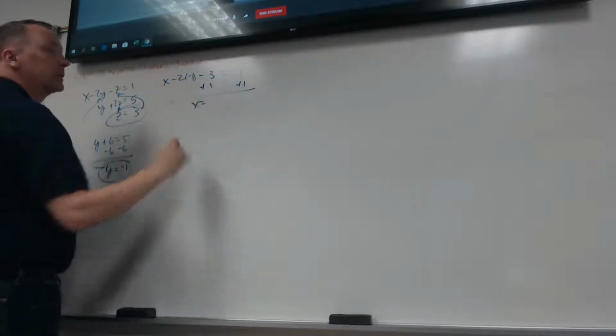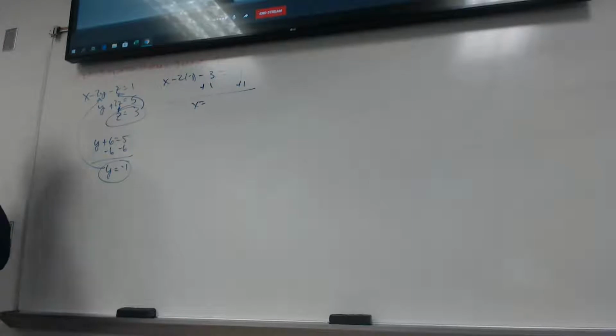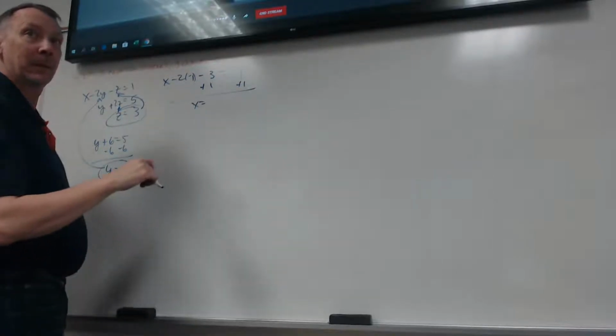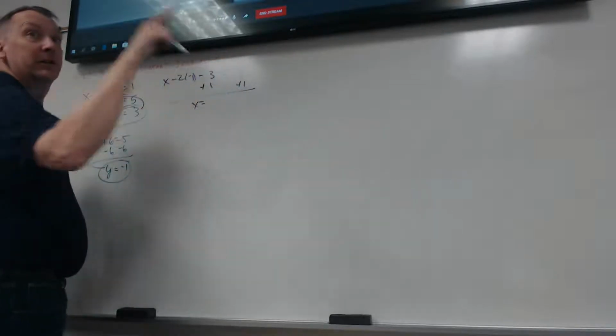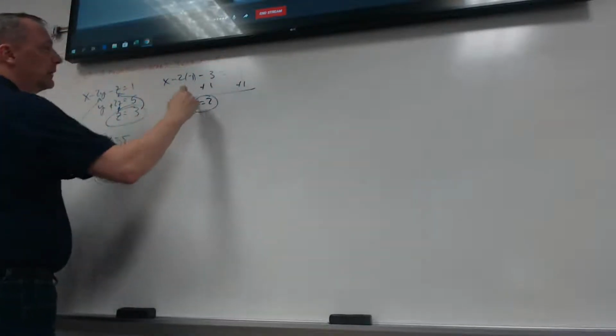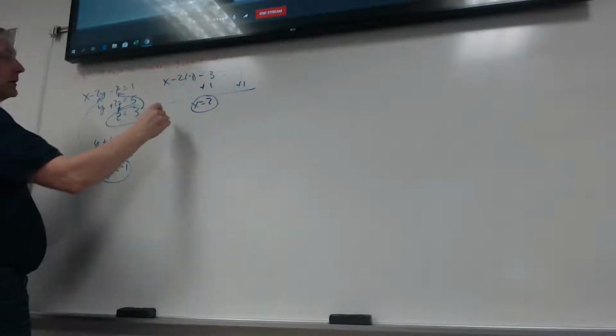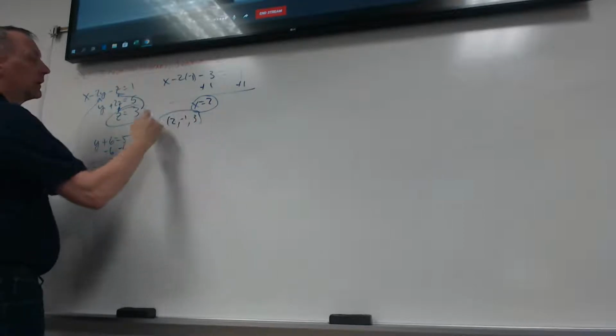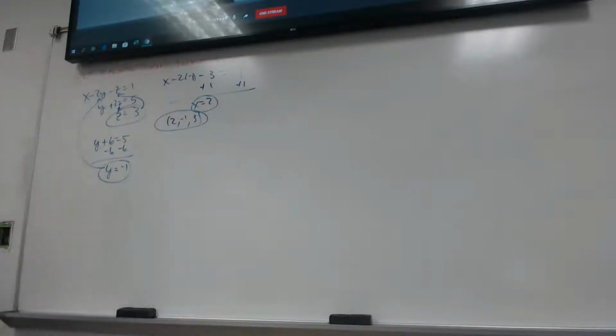So x equals 1 plus 1 is 2. Okay? And if we wanted to write this as an ordered triple, we could do the 2 first, then the -1, and then the 3. So that's what we would call an ordered triple.